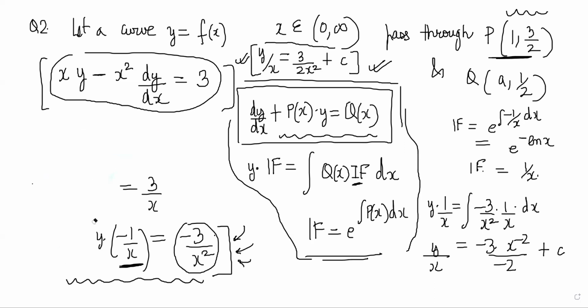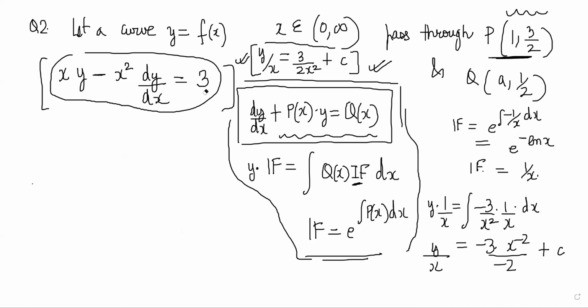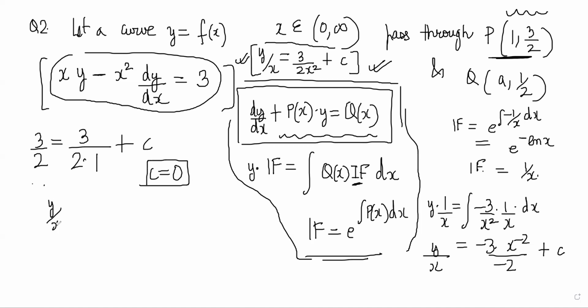So what we will say is x is 1, y should be 3 by 2. So let's put that there. You will get 3 by 2 divided by 1 is equal to 3 by 2, x is 1, plus c. So that gives us c is 0. So you are getting simply y by x is equal to 3 by 2x square. x gets cancelled and you get 2xy equal to 3.